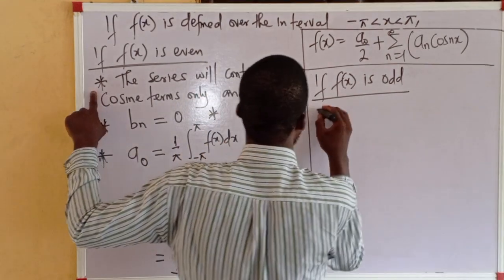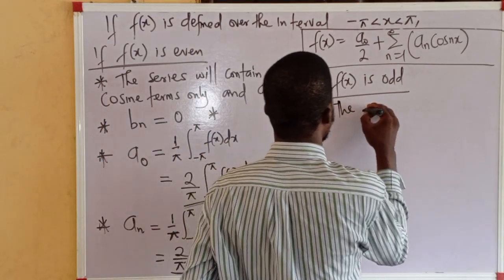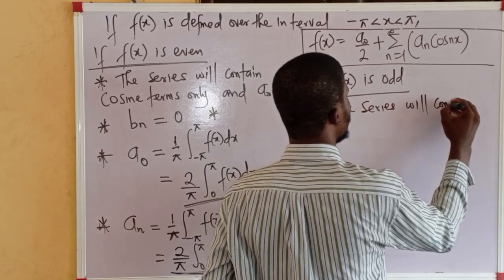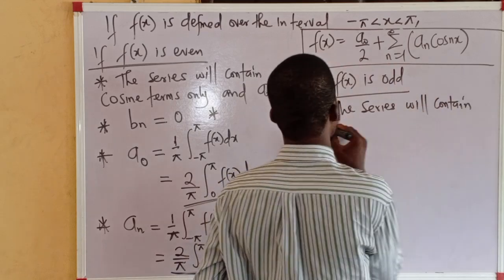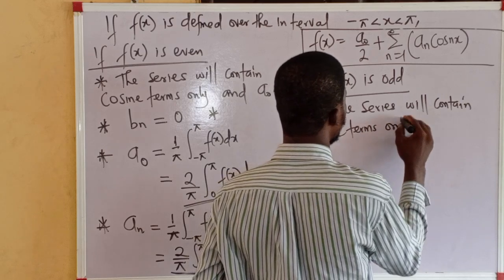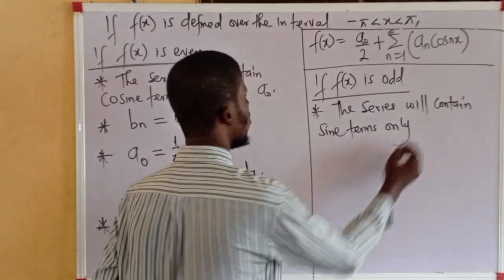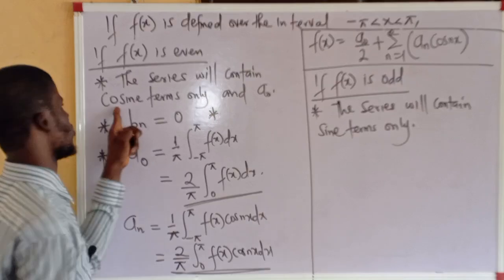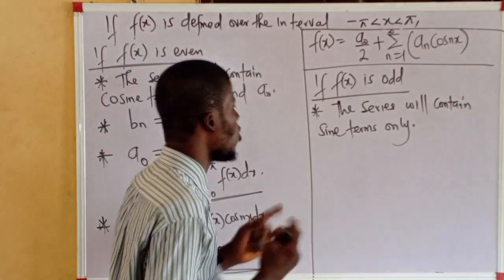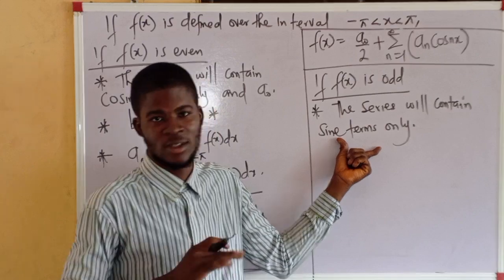First of all, the series of an odd function will contain sine terms only. For even function, we had cosine terms, okay, and a naught. But for an odd function, it's just going to be sine terms.